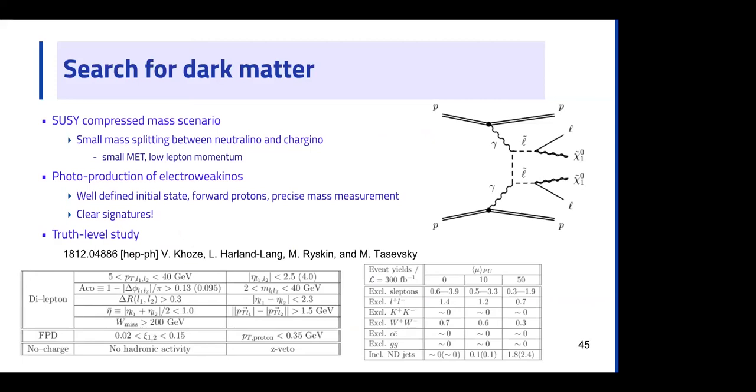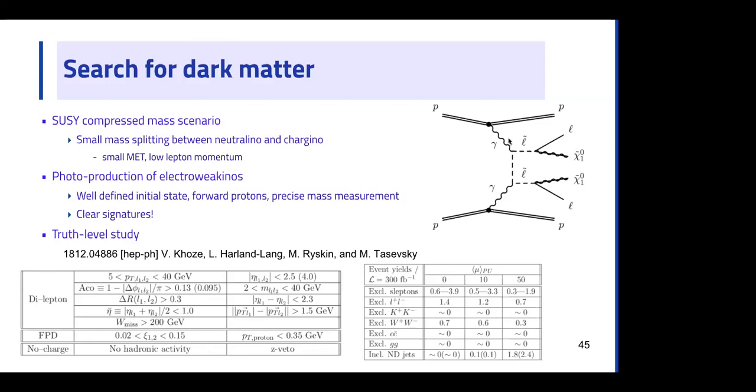In addition to that, we have many possible exotic particle searches. I will talk today about the dark matter search. This is quite interesting because this is a model that will be very difficult to observe in the central detector only. Some SUSY scenarios, like this compressed SUSY mass scenario that is favored by some cosmological observations, predict very small mass splitting between the neutralino and chargino.